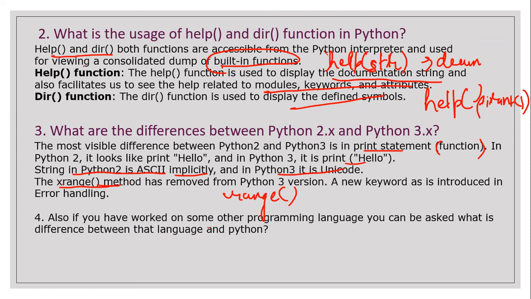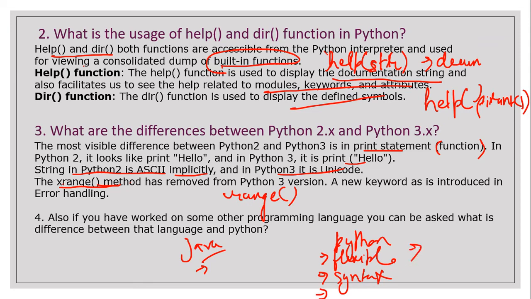Then they can ask you questions like, if you have worked on some other programming language which is not Python, maybe you have worked on C or Java, people can ask you what is the difference between that and Python based on your experience. So for Java, if I have to compare Java and Python, I will say Python is more flexible, the syntax is less, and Java is completely object oriented.